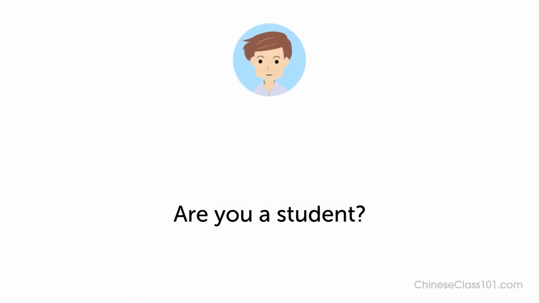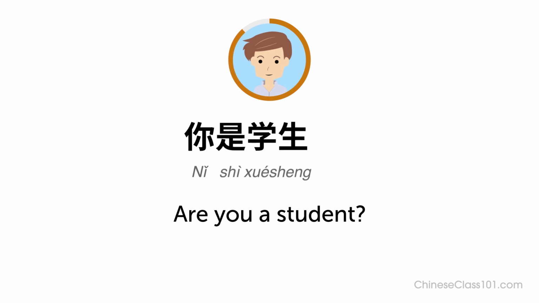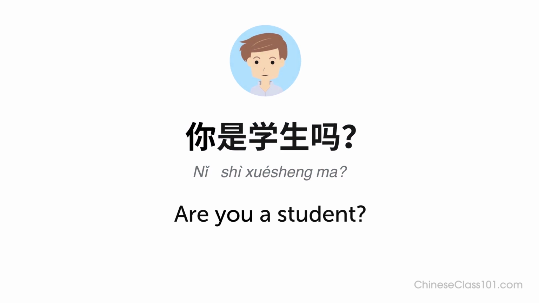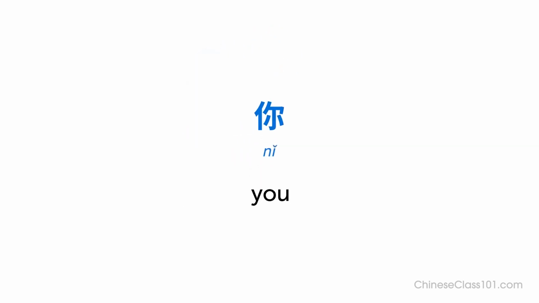Let's take a closer look at the conversation. Do you remember how Mark asks, "Are you a student?" 你是学生吗？ First is 你, you. Next is 是, here, it's like the R in "are you."